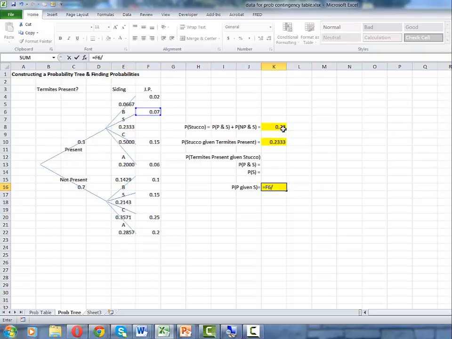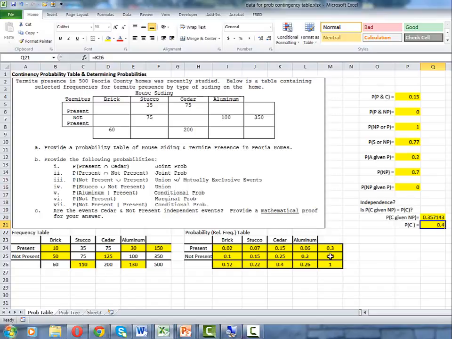Well, we already figured that out, 0.22, so 0.3182 would be our probability of the house having termites present given it's stucco. And you could see that works here as well. So present and stucco given divided by stucco.